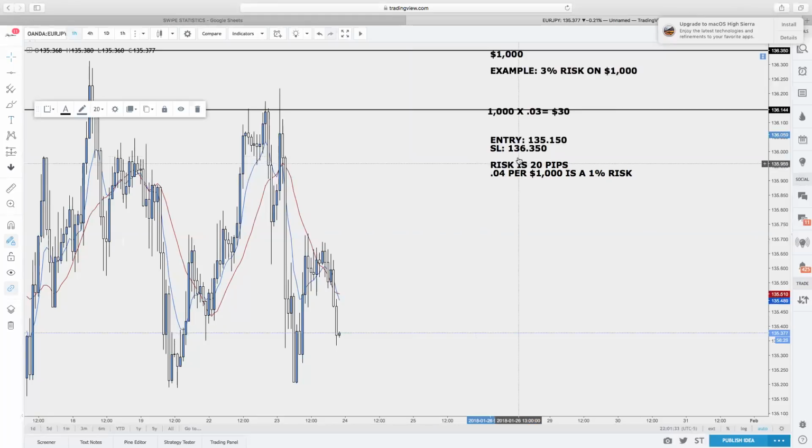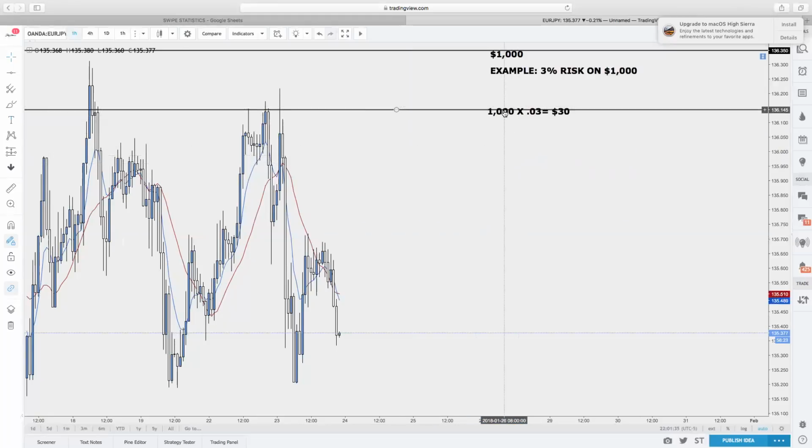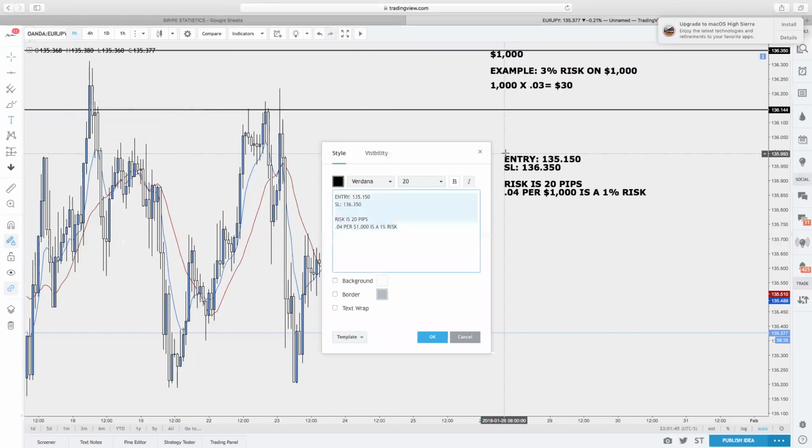This is where pips come into play, and pip knowledge comes into play as well. We know that 0.01 to 0.09 is equal to 10 cents per pip. We know 0.10 to 0.90 is equal to $1 per pip.